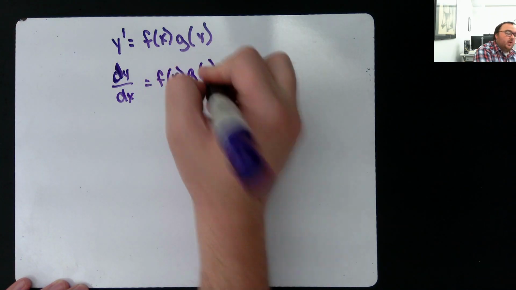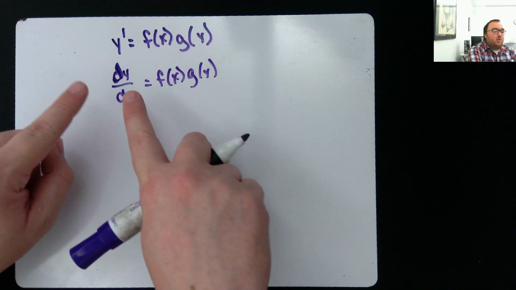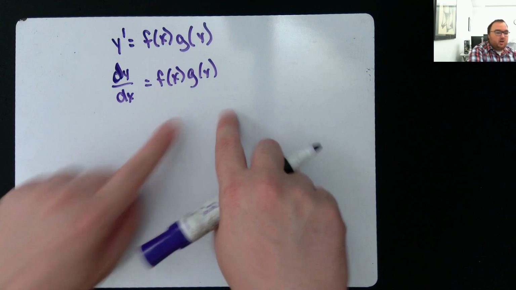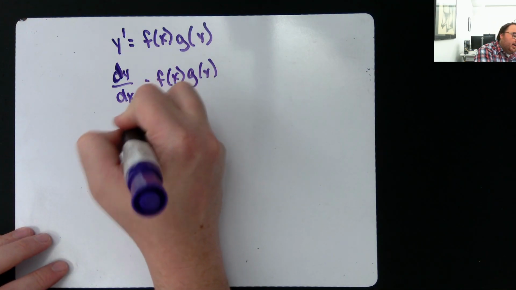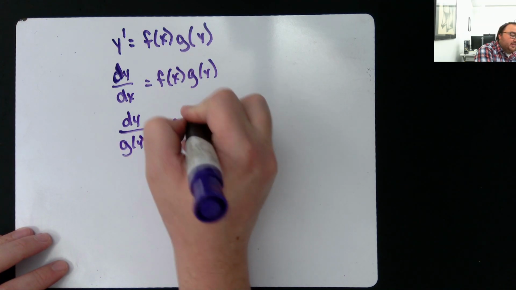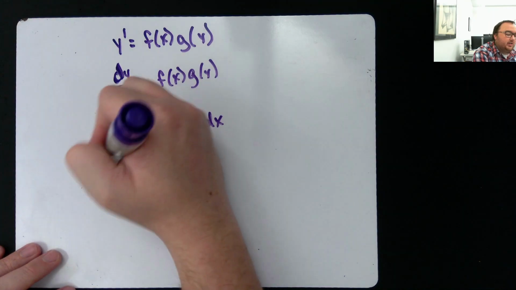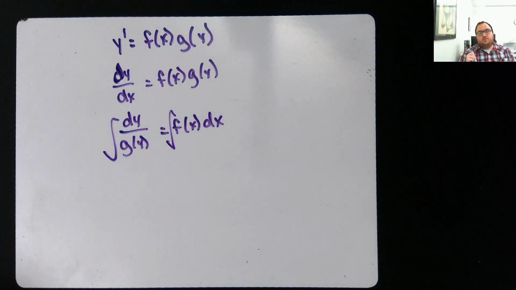What I can do is move everything with a y over here, everything with the x over here, which would make it dy over the function of y equals f of x dx. Why is that helpful? Because then I can just integrate on both sides.